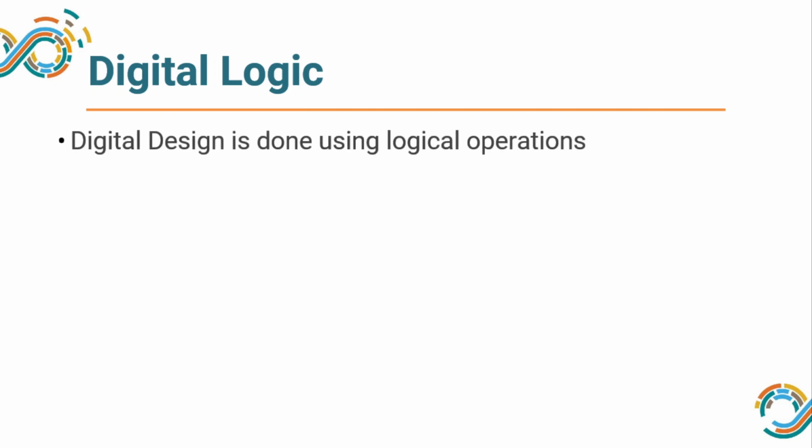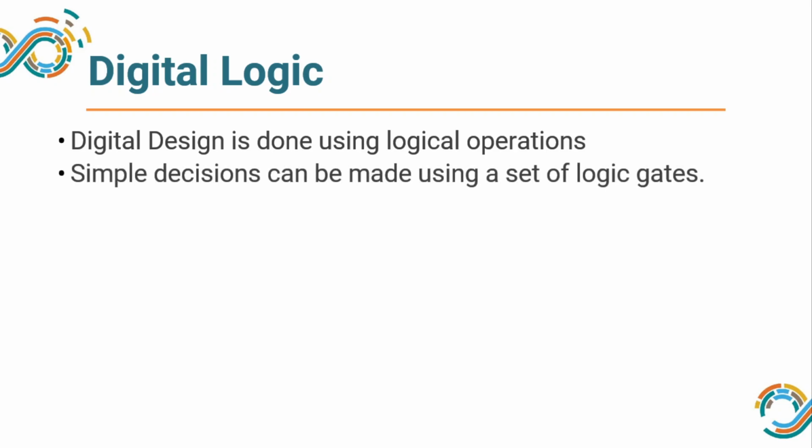Before we go there, let us have a flashback. To make any digital circuit, we need to design the logic first. This digital design can be done using a set of logical operations which are basically a combination of logic gates.